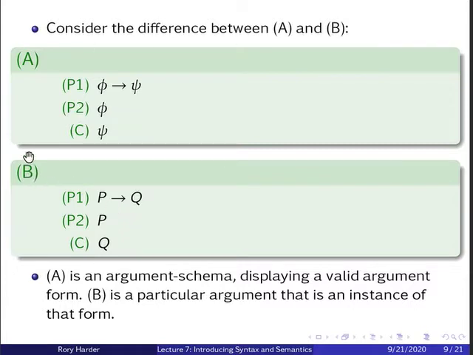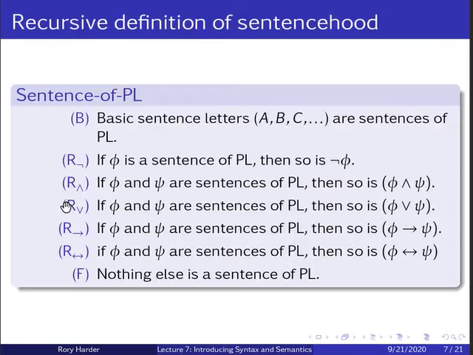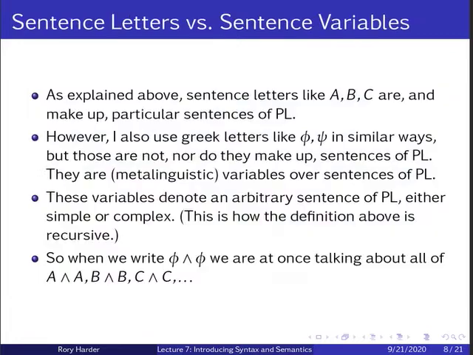You can think of the difference as B is what we arrive at from A, where we instantiate the variable phi as P and instantiate the variable psi as Q. And if we think of phi and psi as specified in that way, then we have the argument B, which is of the form given by A. So B is an argument which actually does contain sentences of our logic because we have atomic sentence letters, which, we know by rule B, the first rule here, are sentences of our logic.